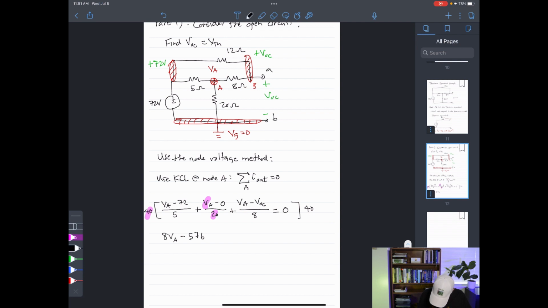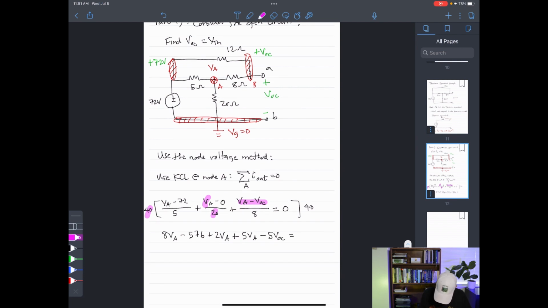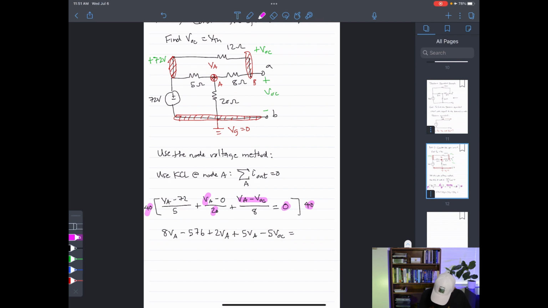I then multiply through by 40 on the next term, and that's going to cancel out to 2, so I have plus 2 VA, and then I'm going to distribute to these terms here. The 40 divided by 8, that's 5, and I can distribute to both of those, so I have plus 5 VA minus 5 VOC. And lastly, this might be kind of trivial, but this 40 does multiply the 0, and that gives me 0.